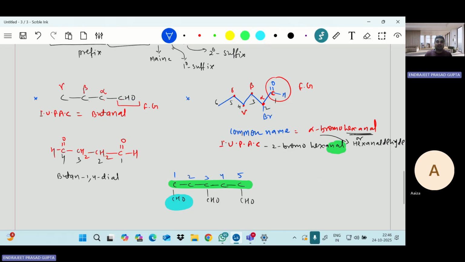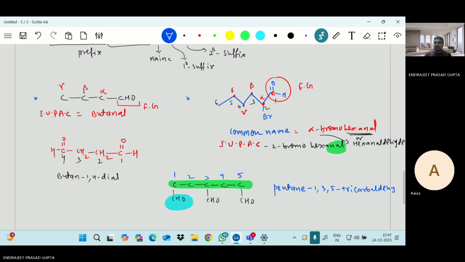You have to write now carbaldehyde. So the 5 carbon is pent, and since single bond is there, write ANE. Don't remove the E, because carbaldehyde starts with C, not a vowel. And 1, 3, 5 tri. Tri means 3. Carbaldehyde.